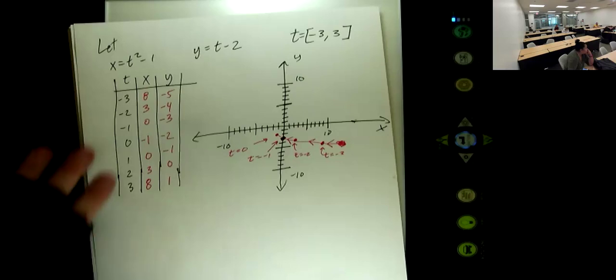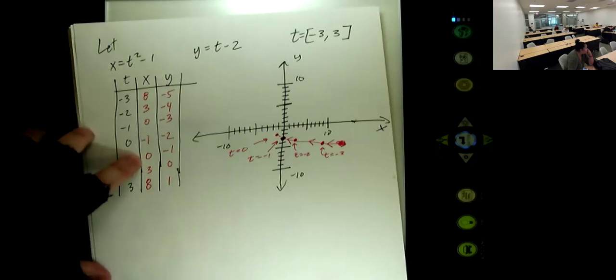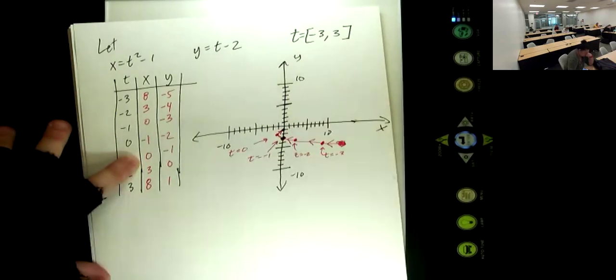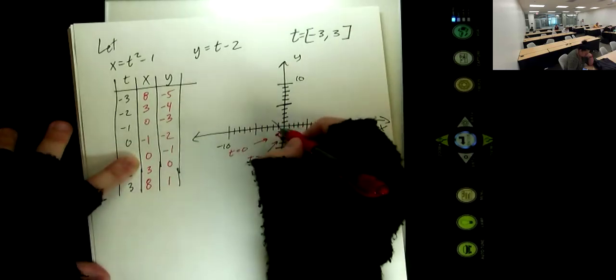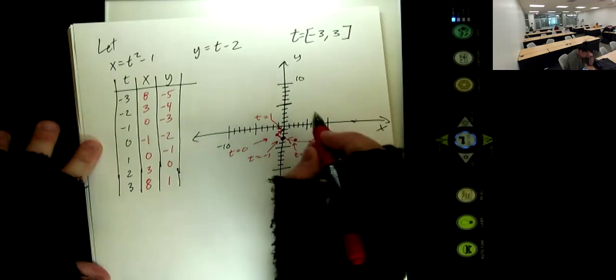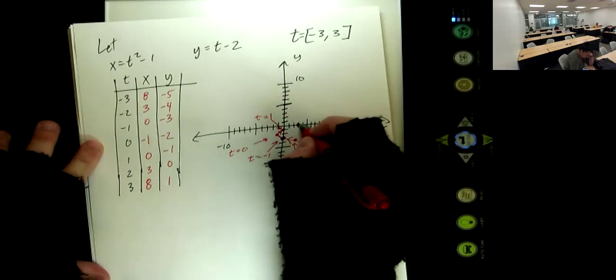And then when I go back, the next point is back to 0 and -1, so it's curving and coming back like that. That is t equals 1. At t equals 2, I'm at 3, 0.